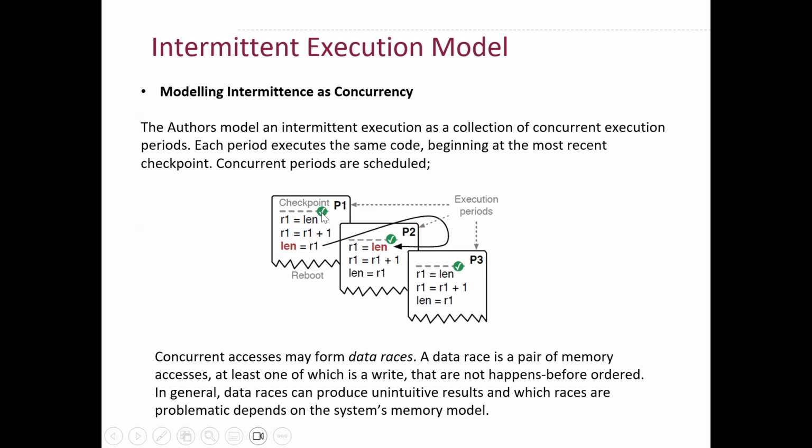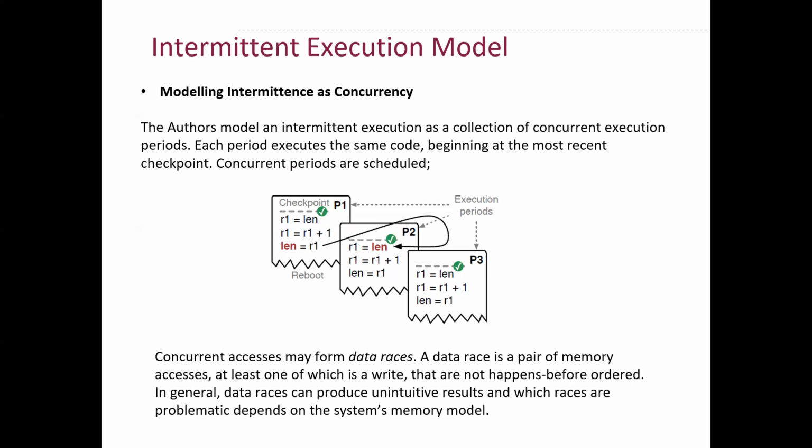But let's say your process P1 is running, and process P2 starts running concurrently. Whenever you have a reboot, your process 2 starts, and then process 3 starts, and so on. P is like a period. So concurrent periods are scheduled.